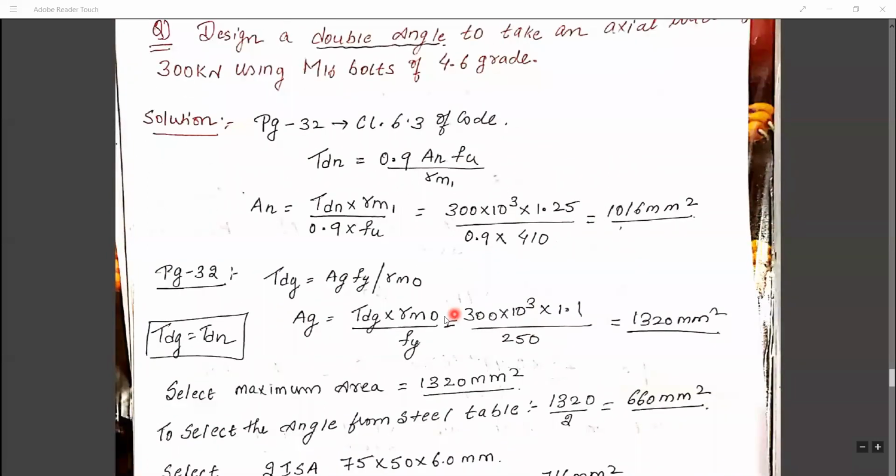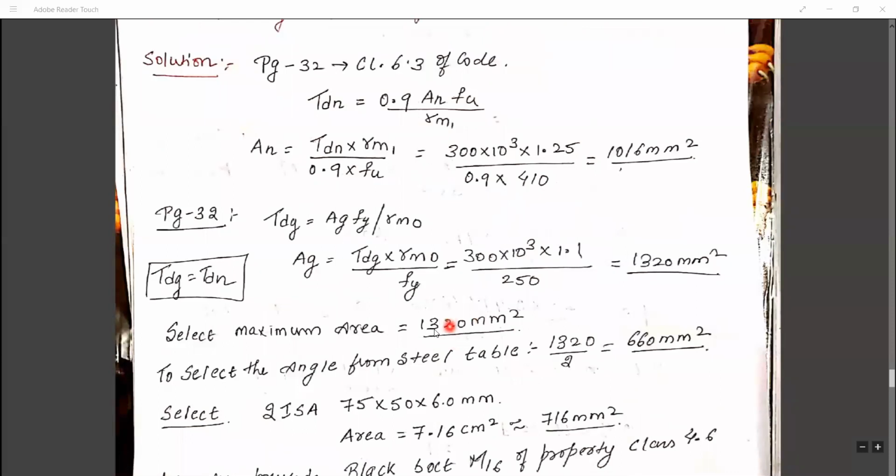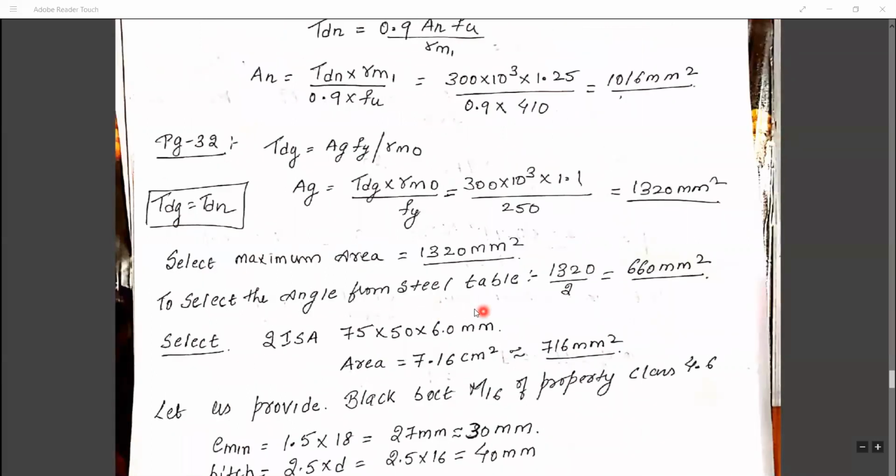See here, this 1320 is only for a single angle. Now you need to select for a double angle section.